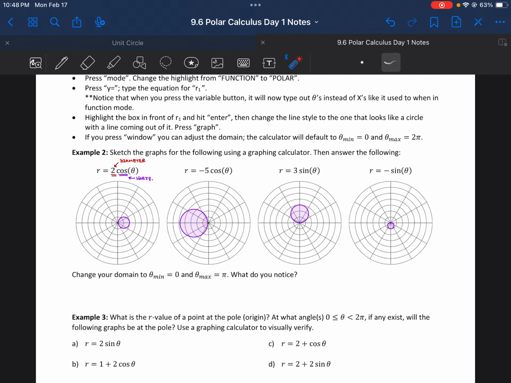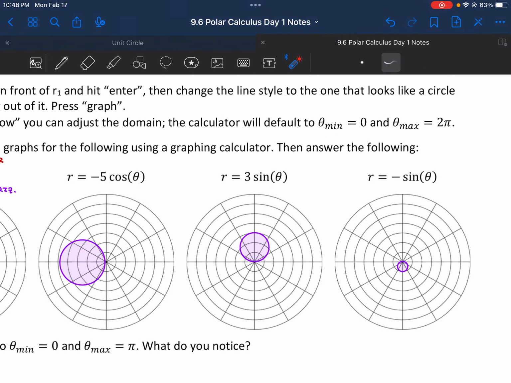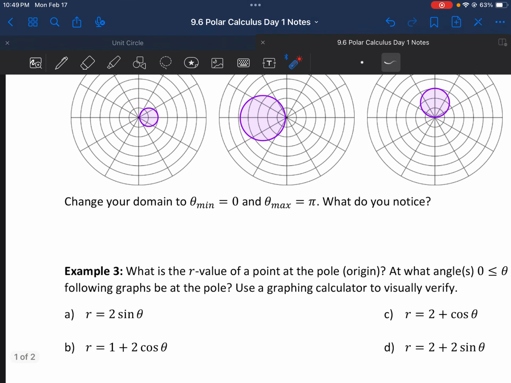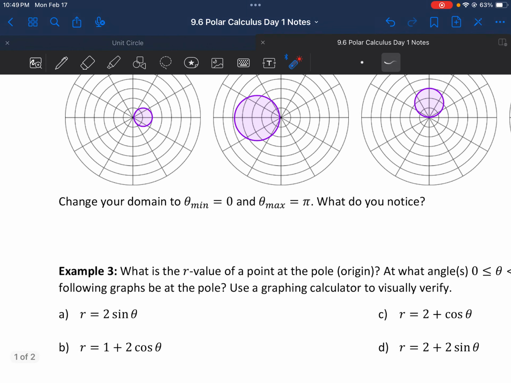Now, again, hopefully you tried this with your calculator. It says try using a graphing calculator. Right now you should have it set to theta minimum equals 0, theta maximum equals 2 pi. Okay?